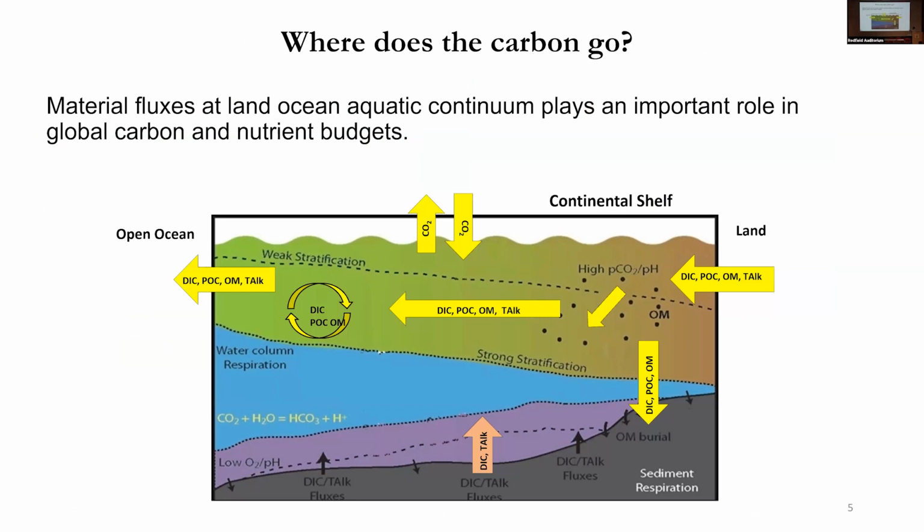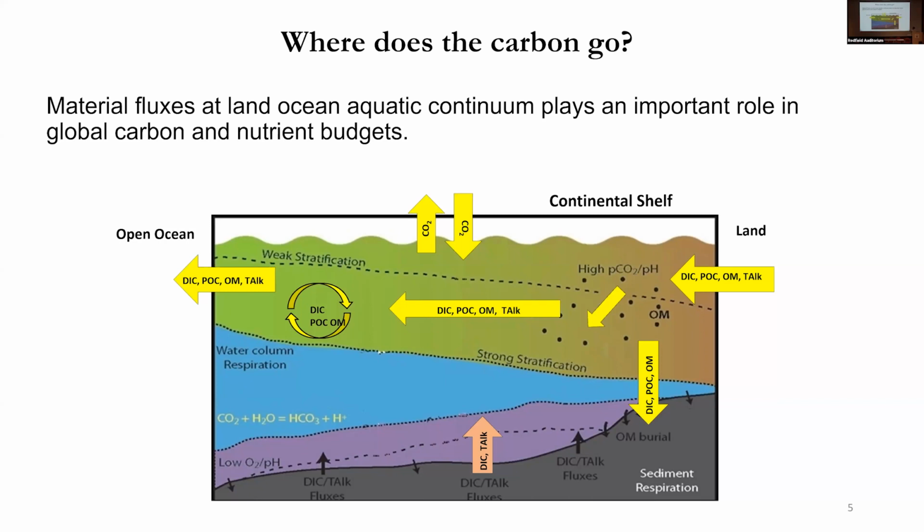If there is a strong wind or less river discharge, you end up with a weak stratification. Whatever the case, it usually ends with a lot of primary productivity, taking out CO2 and producing a lot of organic matter, coupled with the terrestrial organic matter that comes in, that sinks to the bottom. Some of the organic matter gets remineralized in the water column and moves offshore as DIC and POC.